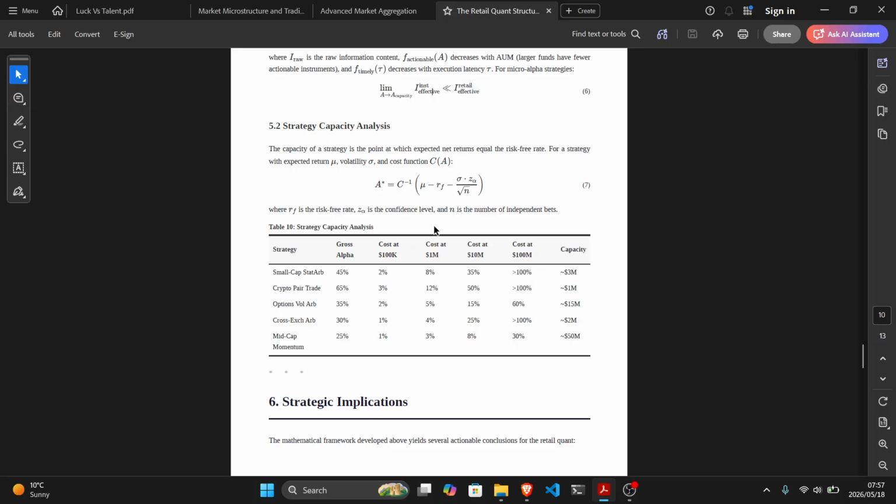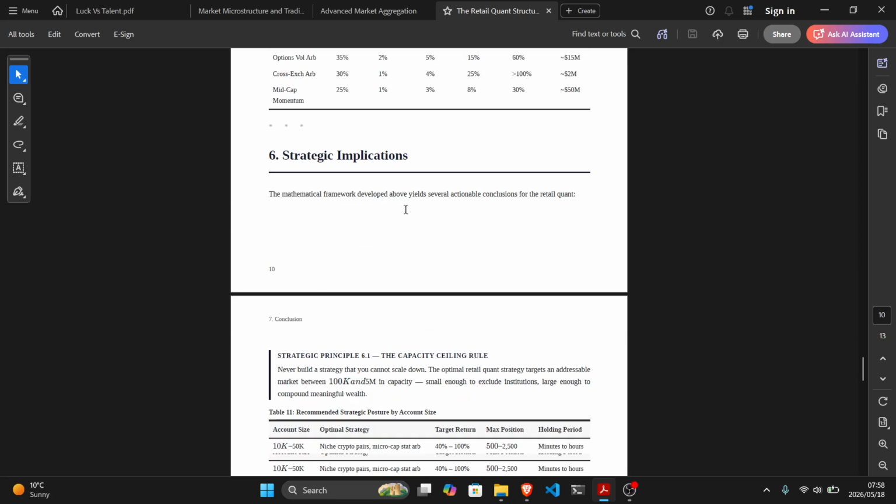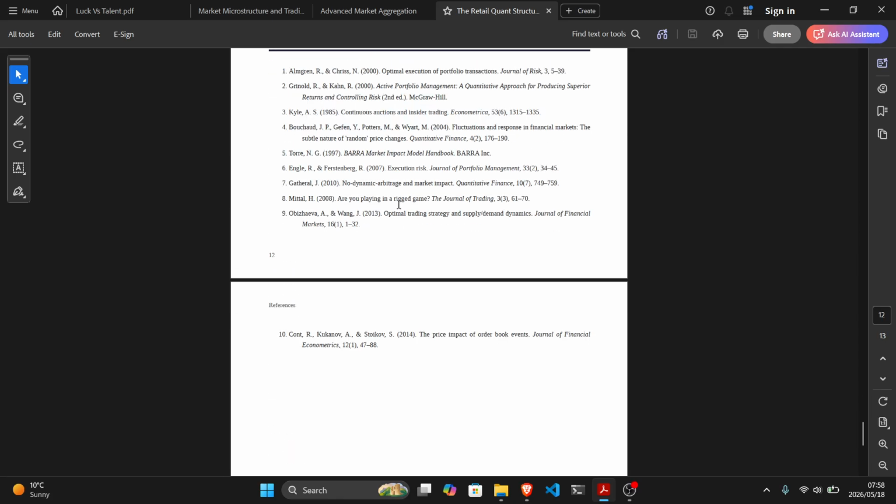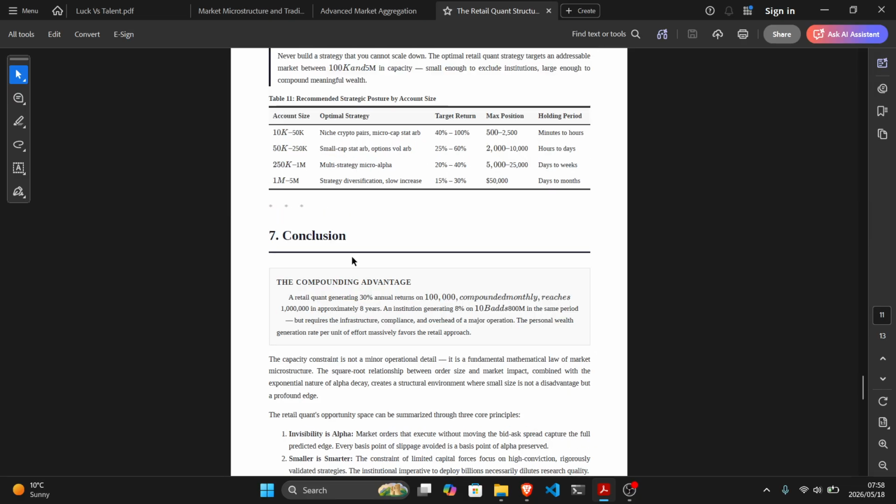Essentially, when you plug in your expected returns, the expected return of 45%, you plug that into this and hold all the other variables. Most of these numbers, if you're curious, come from the references over here.